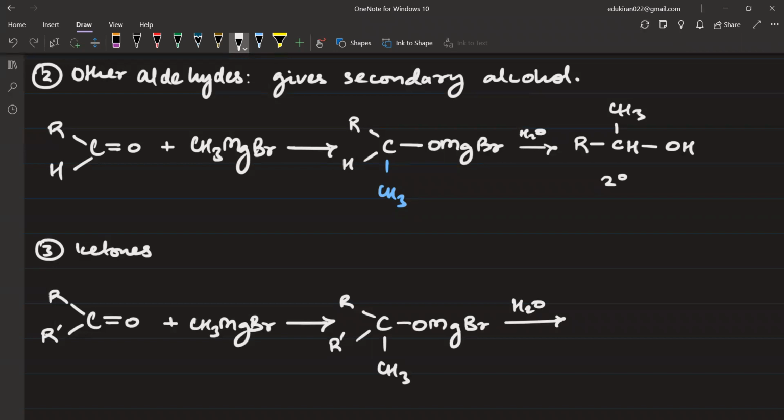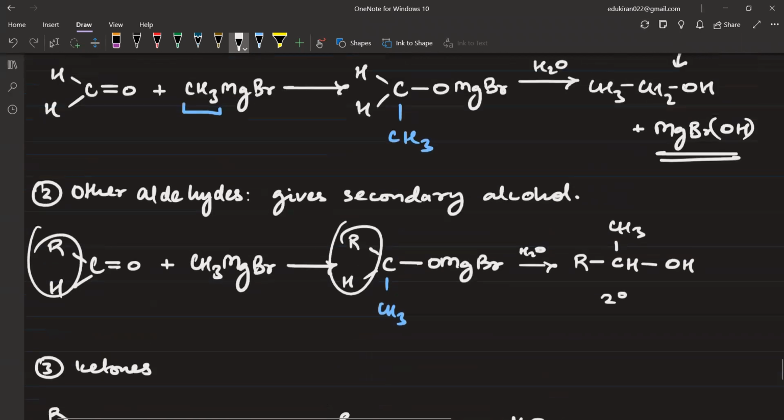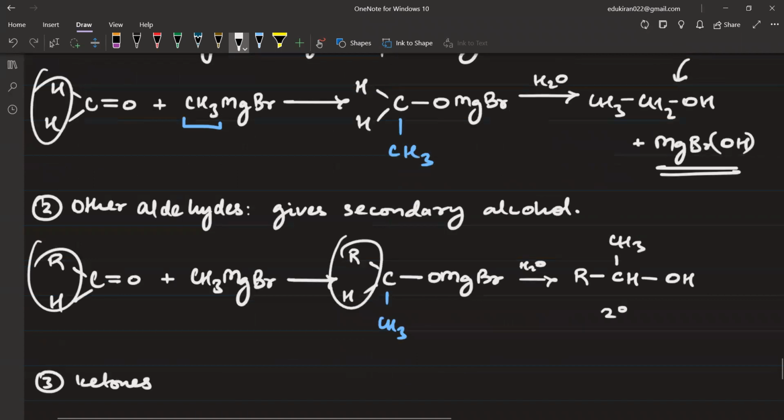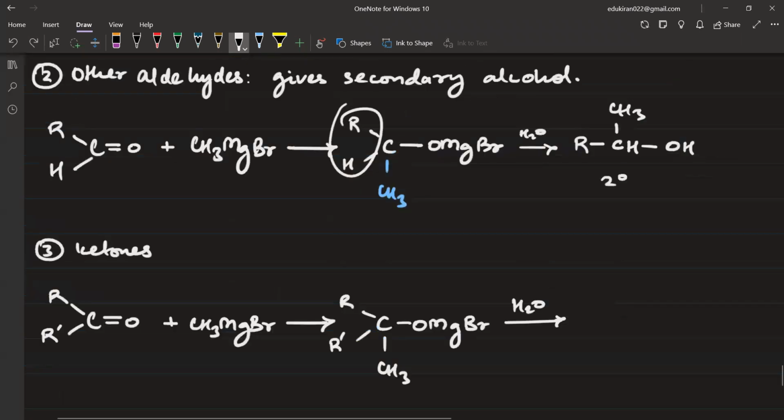The R groups in the ketone will be the same. The R group never changes. See, this is not changing. It did not change here either. The groups that are attached to the carbonyl carbon are not changing. There is just an addition of the alkyl group from the Grignard reagent.